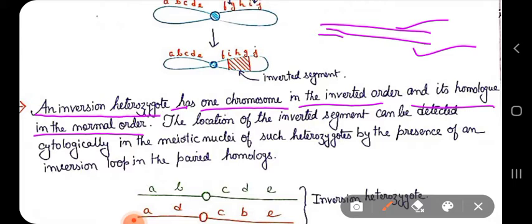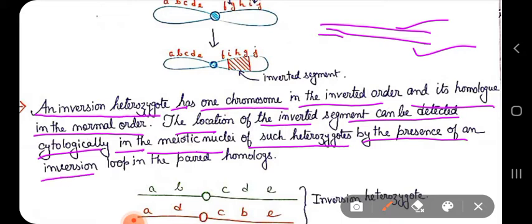And the location of the inverted segment can be detected cytologically in the meiotic nuclei of such a heterozygote by the presence of an inversion loop in the paired homologs.